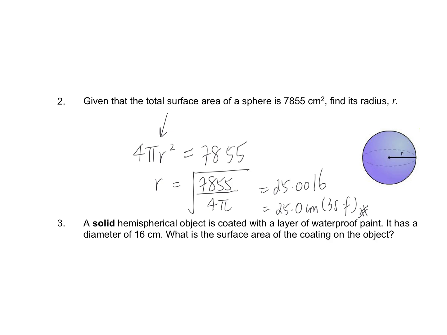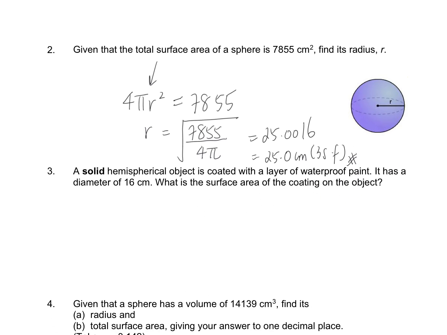Okay, very simple and direct. Use formula, solve for unknown. Yes, I used 3.142 because they said use 3.142, at the back. Okay, if you see that in the question, you use 3.142 instead.